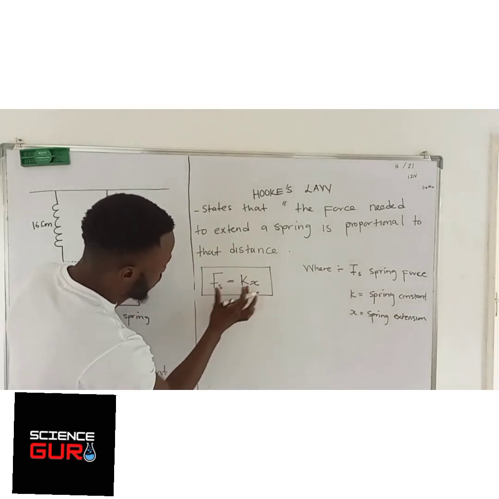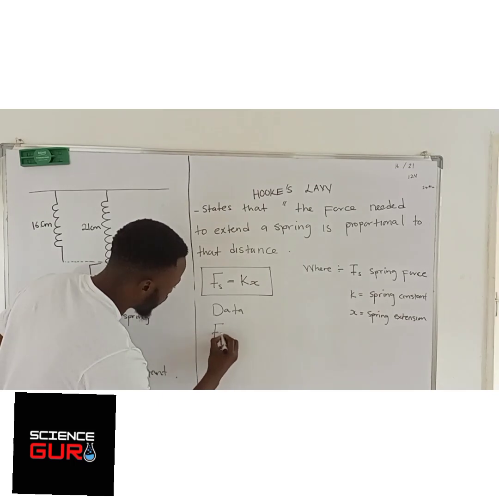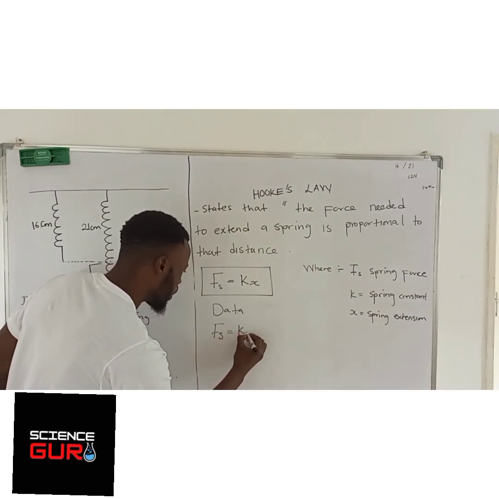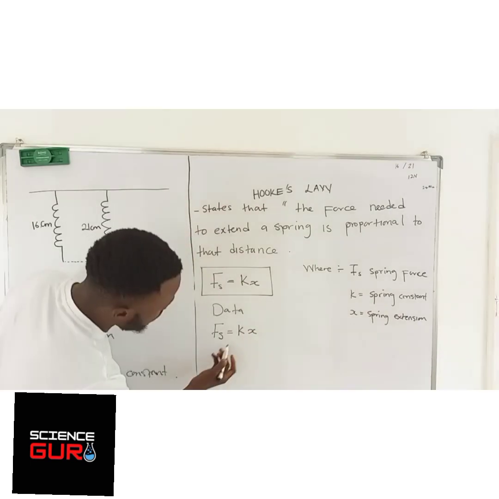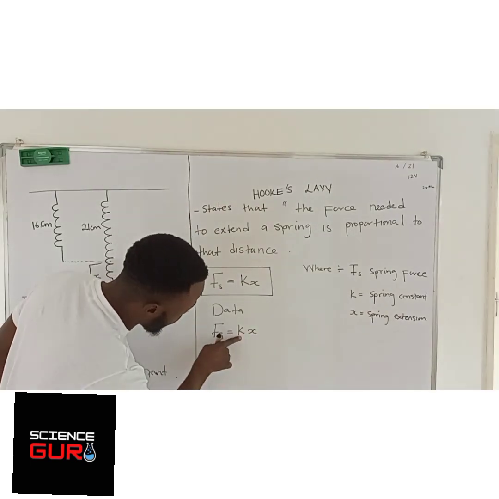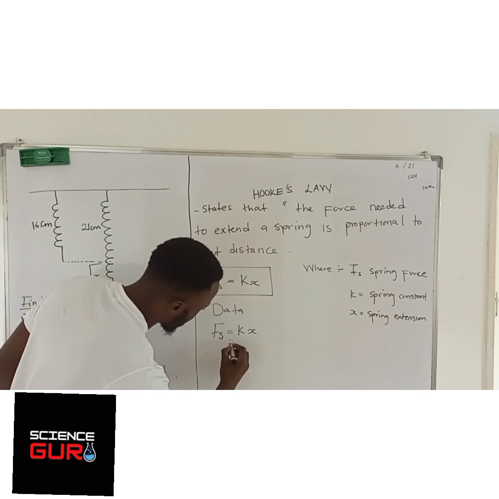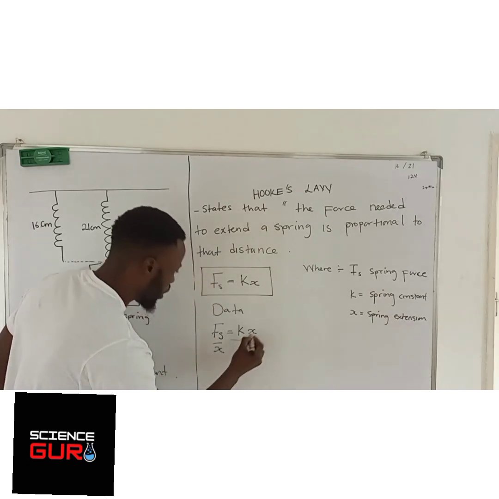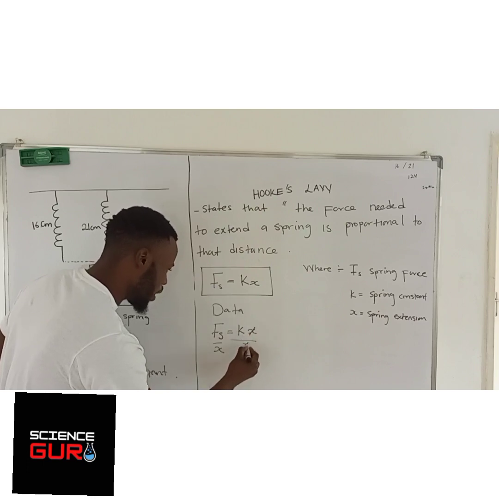Now, get this general equation. The force of the spring is equal to the constant times the extension. We are trying to make the constant the subject of the formula. Divide both sides by x. Divide both sides by x. And the x will go.